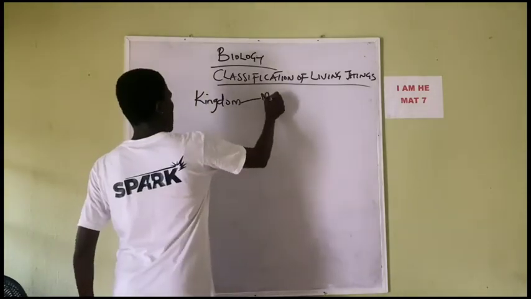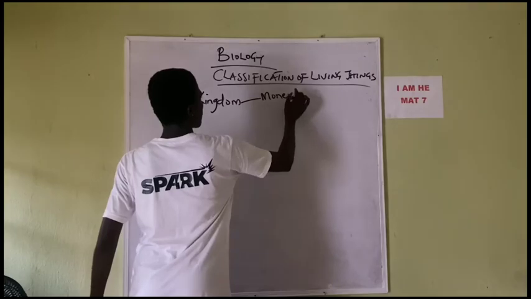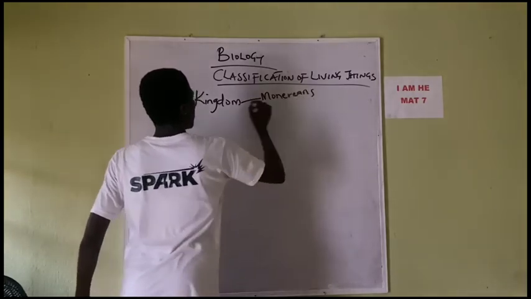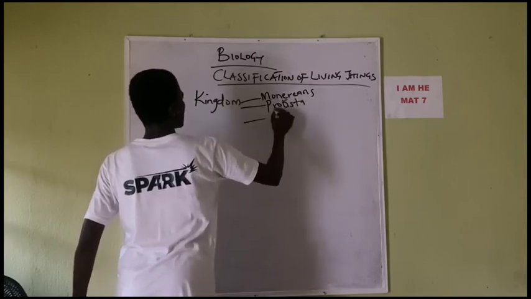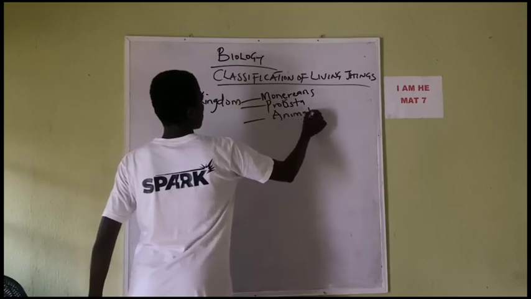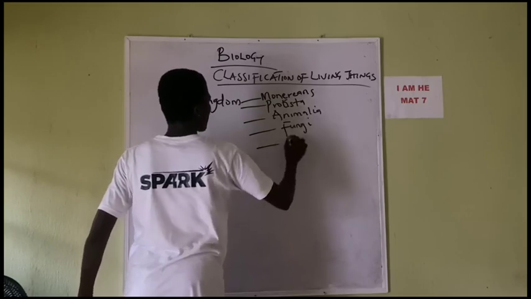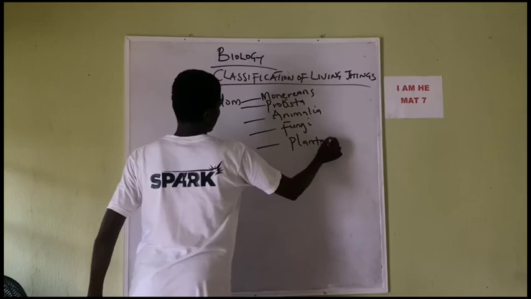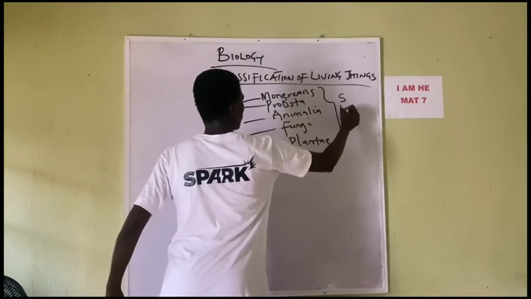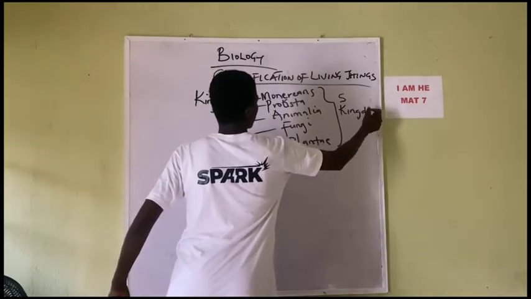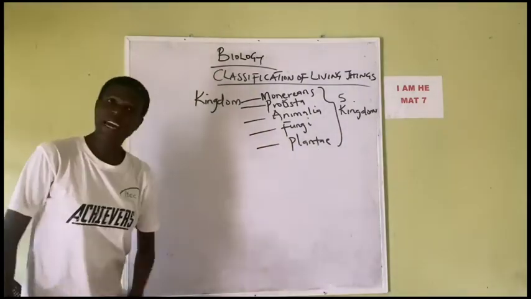We have the Monera, we have the Protista, we have the Animalia, we have the Fungi, and we have the Plantae, pardon. So we have about five kingdoms, and each of these living things falls into these five kingdoms.